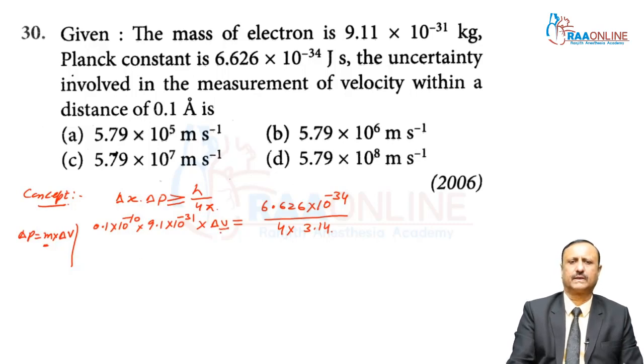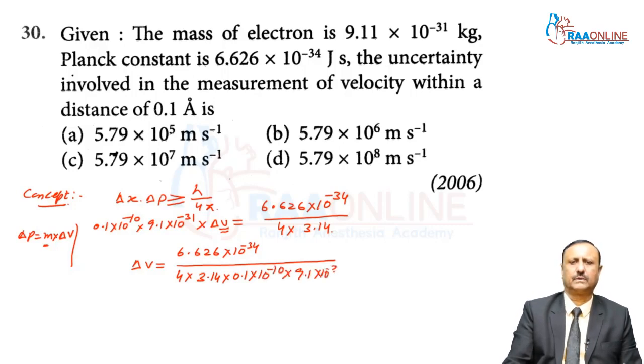Now my dear students, you can calculate delta v. So delta v is 6.626 into 10 to the power minus 34 upon, all these values are present below, 4 into 3.14 into 0.1 into 10 to the minus 10 into 9.1 into 10 to the minus 31.